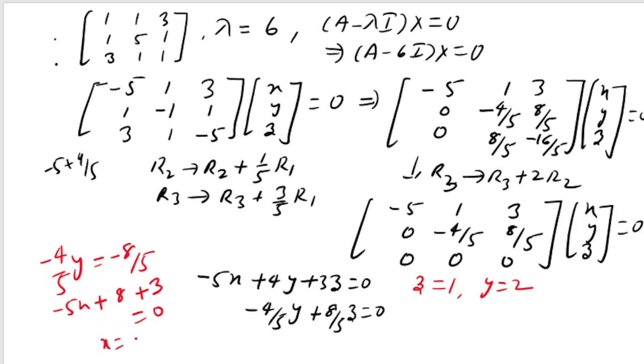So x is equal to minus 11 by minus 5, which means 11 by 5.